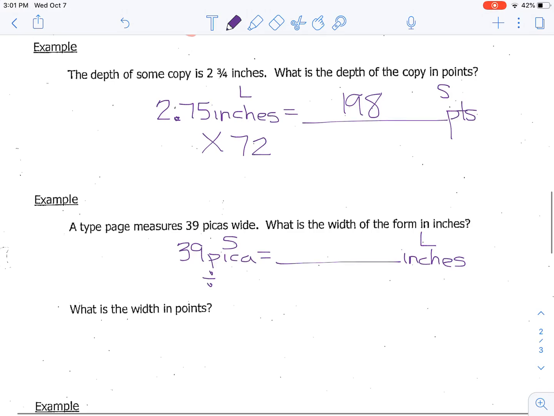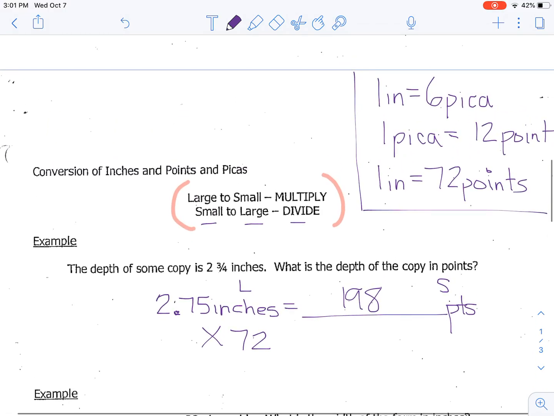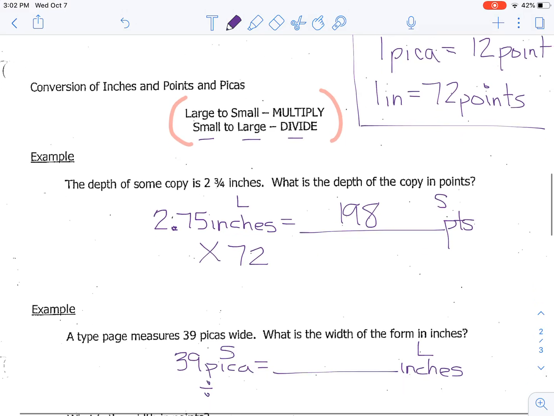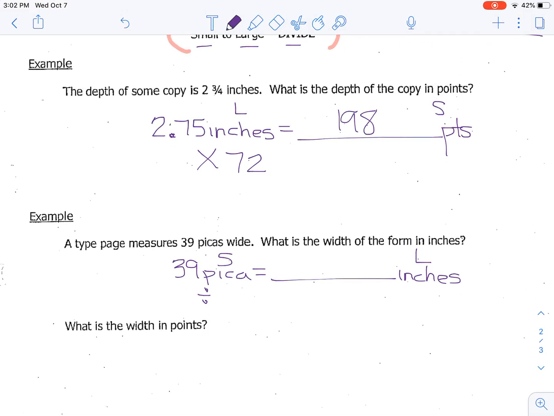And for inches and picas, we would look back up here to the top and find out that there's 6 picas in an inch. So we're dividing by 6. 39 divided by 6 is 6.5 inches. So 39 picas is the same as 6.5 inches.